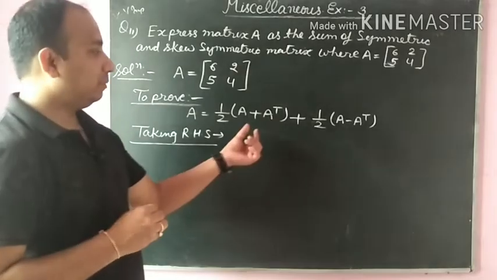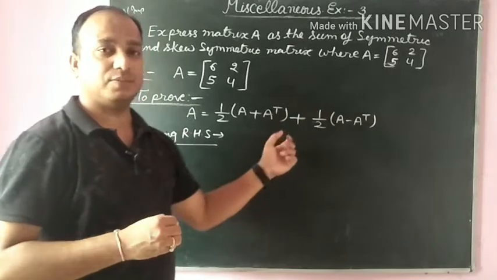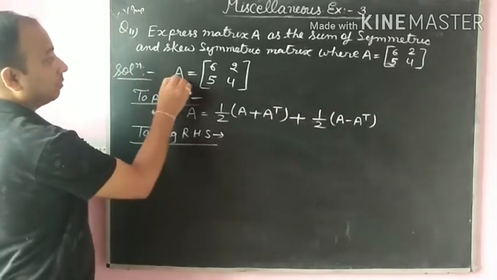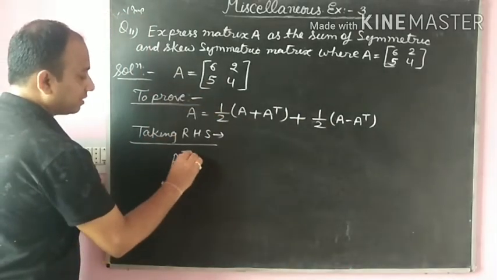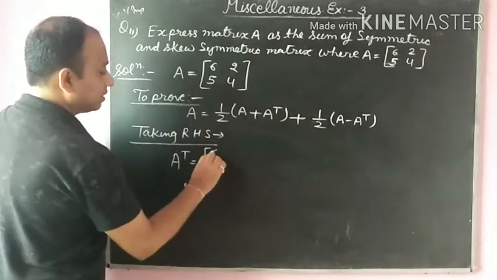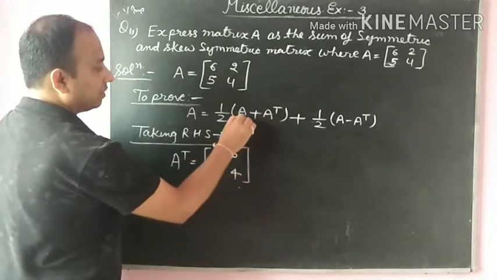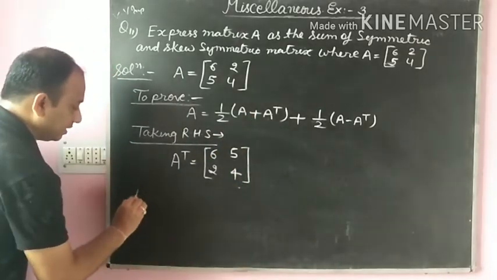RHS को सॉल्व करने के लिए हमें कौन सी वैल्यूज की रिक्वायरमेंट है? First of all we find the value of A transpose. The matrix A is given, then A transpose is equal to the rows changed into the columns: 6 2 5 and 4. After that we find the value of A plus AT.